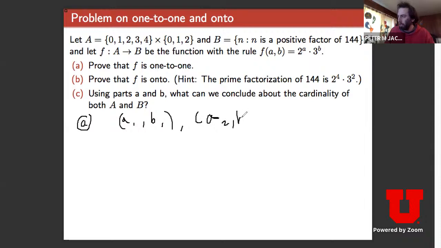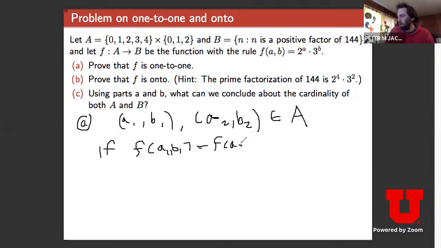And then, just as he was saying, these are two points and they're in A. And what we want to show is that if f of a1, b1 is equal to f of a2, b2, then a1 is equal to a2, and b1 is equal to b2.